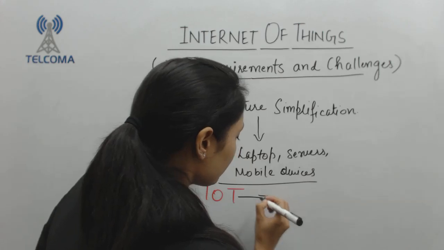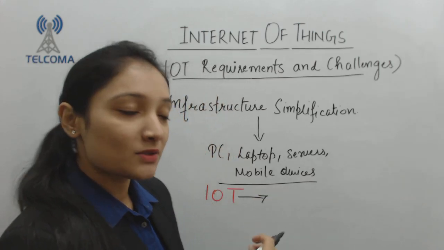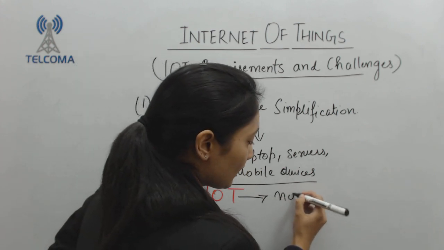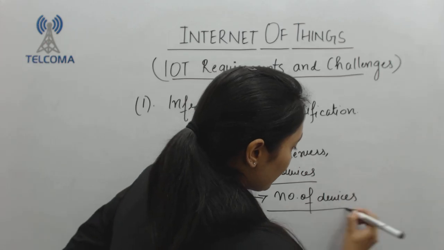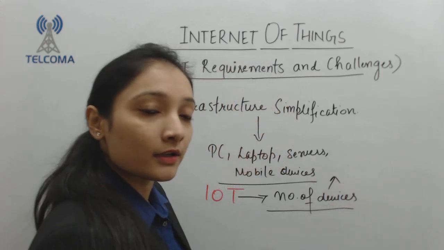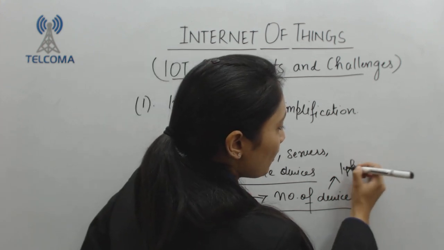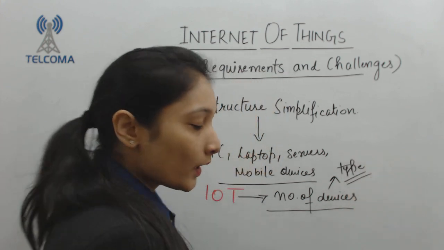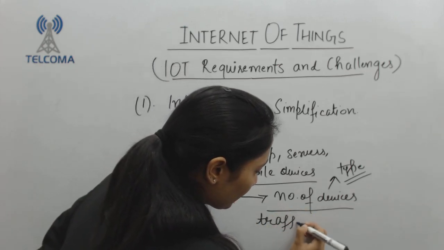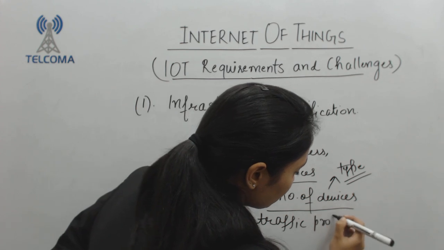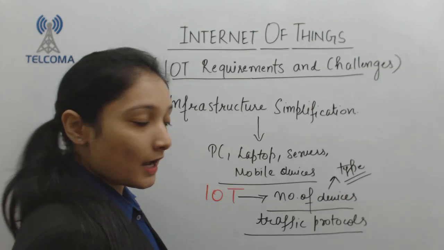Now in IoT, we know that each and every device will be connected to the internet. So that means we will have a number of devices here, and the devices will be of different types. That means the type of devices will also vary, so there will be a variation in the traffic protocols also.